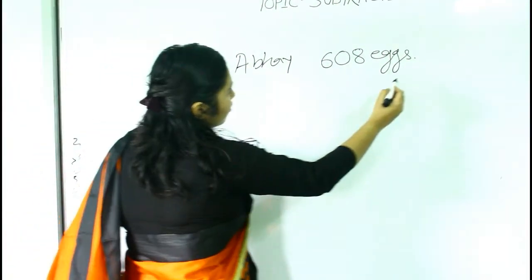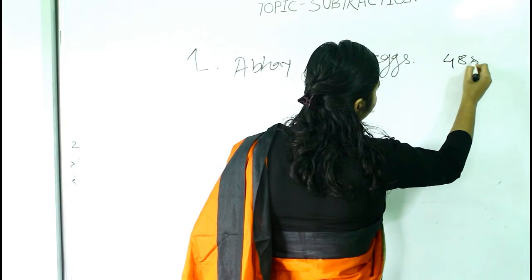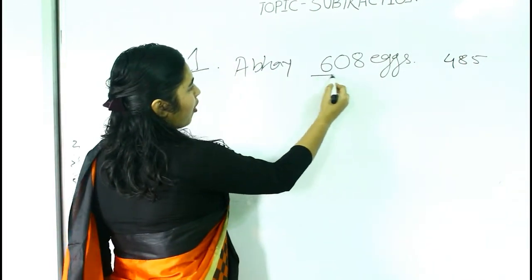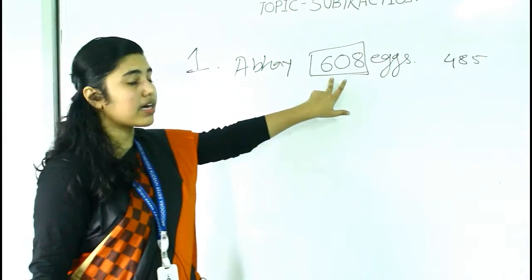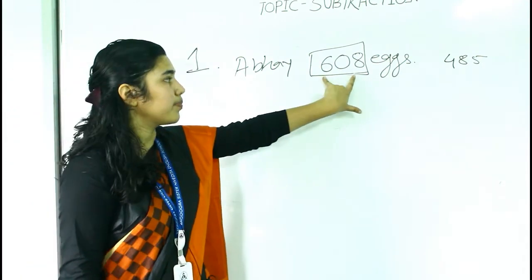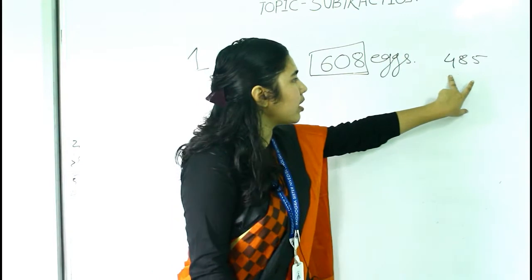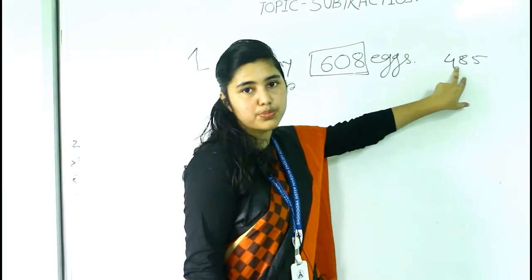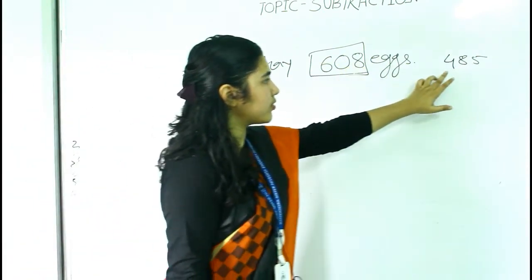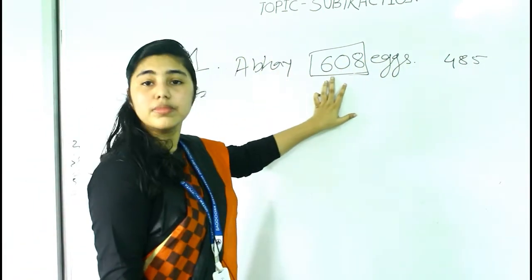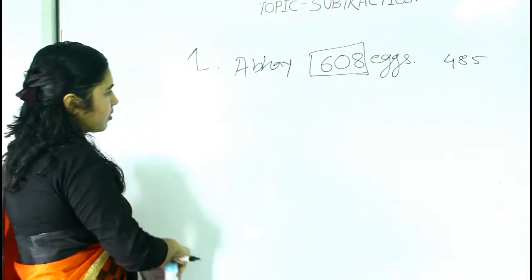That means 485 taken away from 608. Here 608 is our bigger number and 485 is a smaller number. That means you have to subtract 485 from 608.